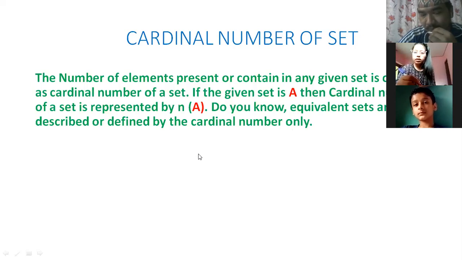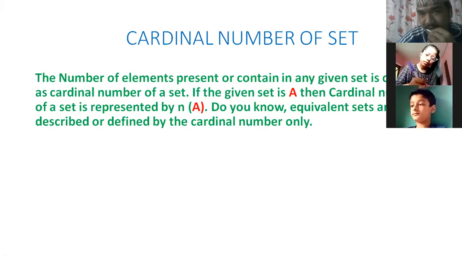And we know that if there are two sets, and in those two sets there is the same cardinal number, then those sets are known as equivalent sets. That means equivalent sets are defined by using the cardinal number.